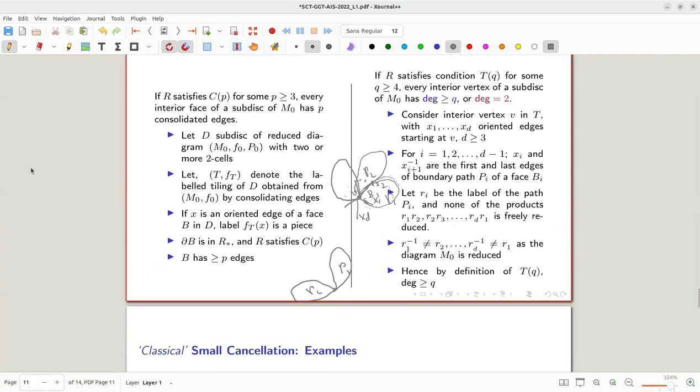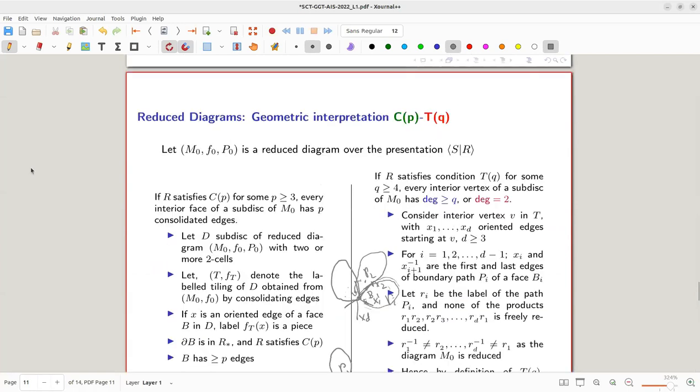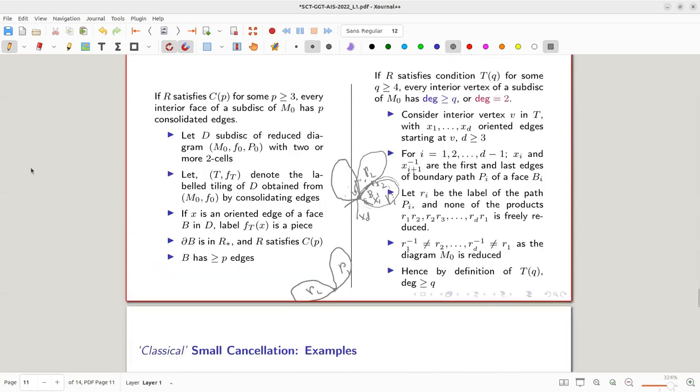So now we know that this presentation satisfies the TQ condition, right? So what does that mean? That means we have all the requirements satisfied, and TQ says that we have degree greater than or equal to Q, right? What would have happened if a situation like this was there?